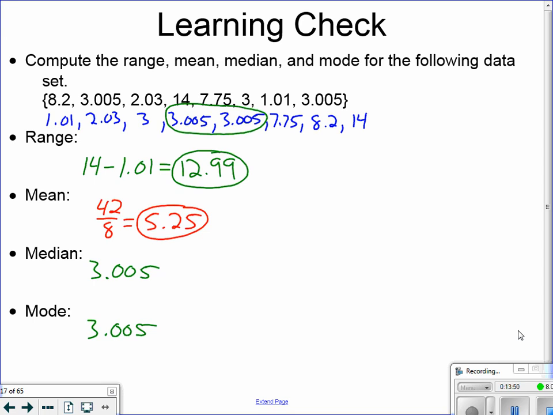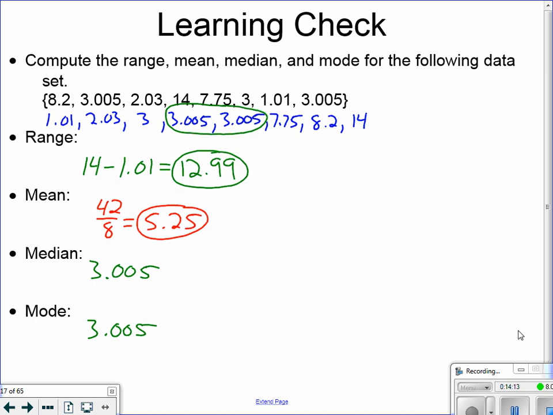All right, so go ahead and check your answers here. So the first thing, just make sure you put them in the correct order. So 1.01 should be the smallest number, and 14 was the largest number in this set of data. So to compute the range, remember we just take the greatest number, which is 14, minus the least, which is 1.01.